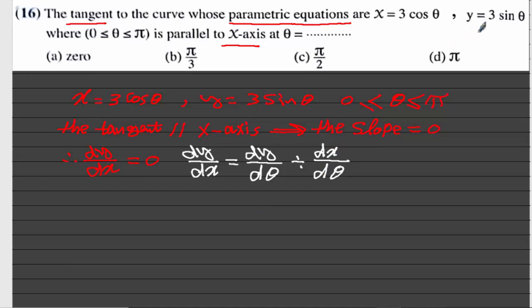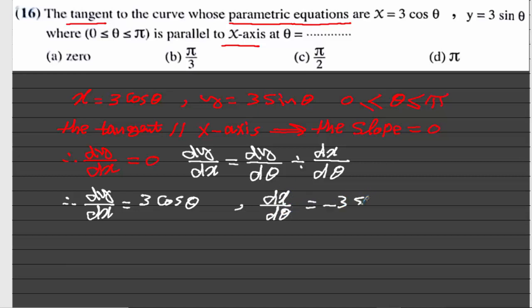We have y equals 3 sine theta. So dy/d theta equals the derivative of 3 sine theta, which is 3 cosine theta. And the derivative of x with respect to theta, dx/d theta, equals negative 3 sine theta.